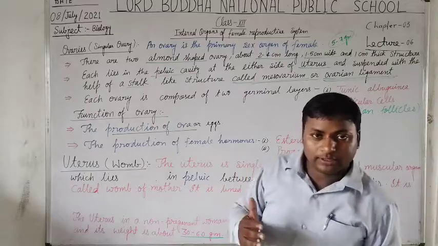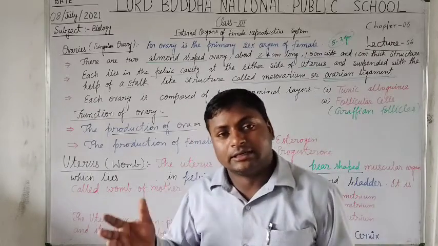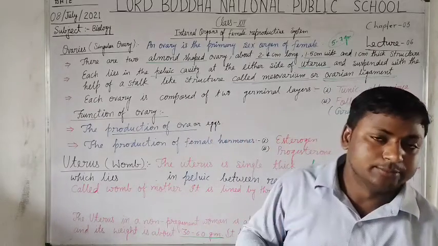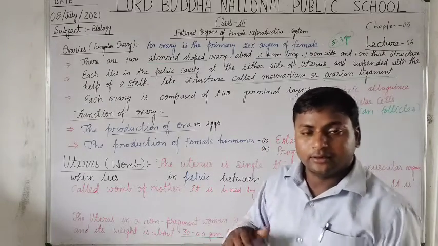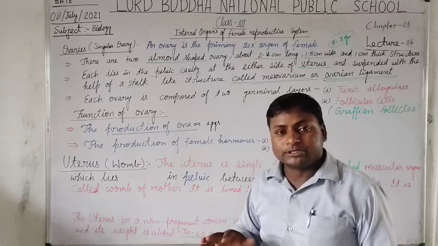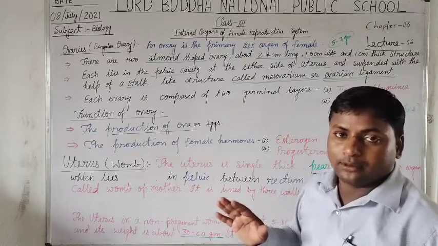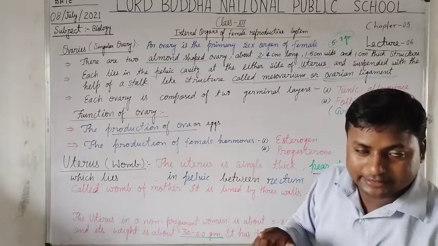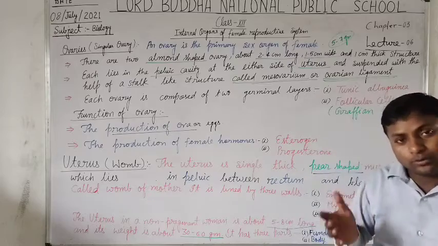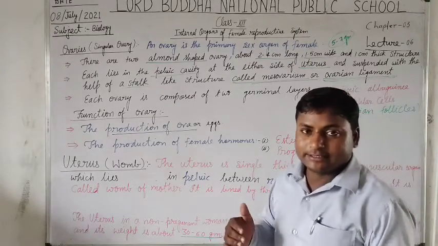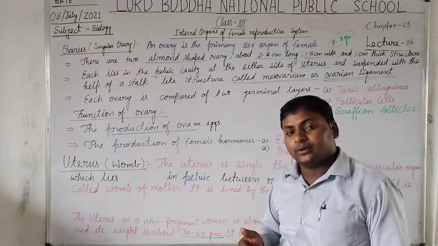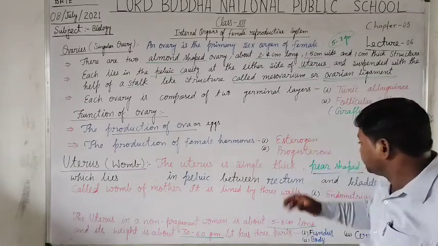Progesterone is a very important hormone because it not only helps in the production of ova or egg cells, but is also responsible for the development of secondary sexual characteristics in females. What are the secondary sexual characteristics in females? We will discuss it in our incoming lectures.